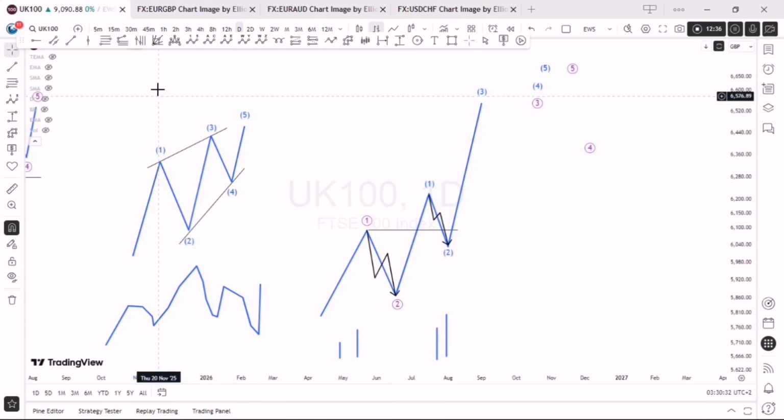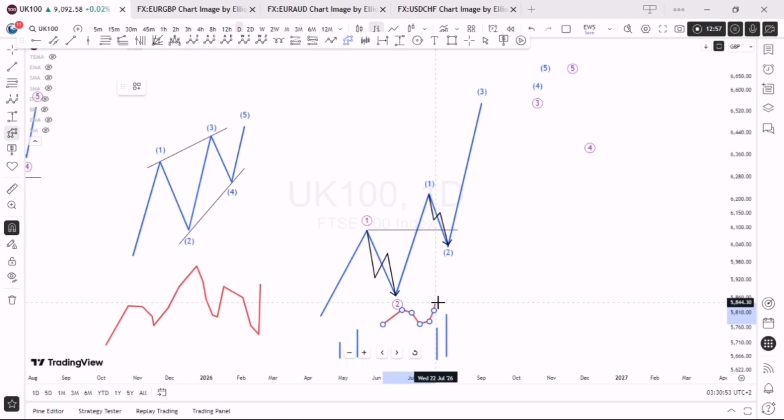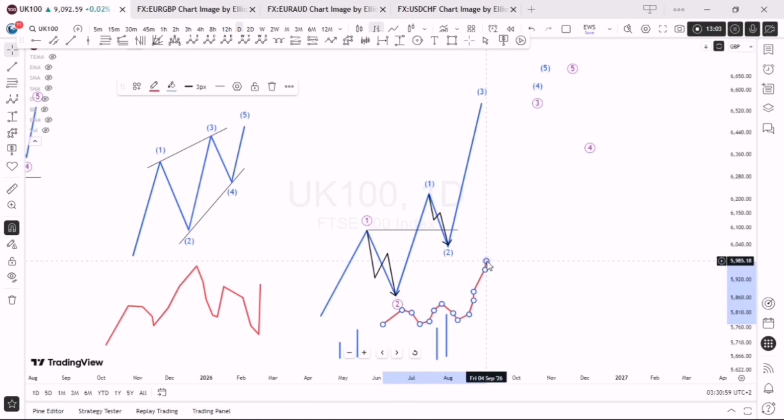Let me just change the color here, maybe to black. You will have this peak just before the peak of wave 3, maybe somewhere here, the peak in momentum on the RSI. Whereas here, what you are going to get is not really a peak, and not really divergence either, but something like this as wave 3 unfolds.